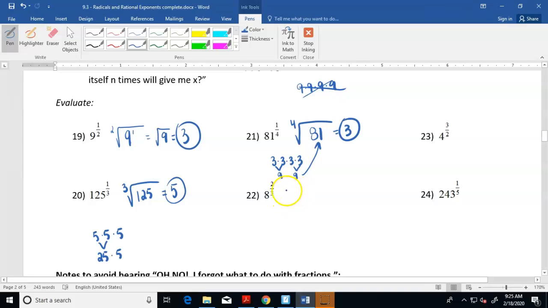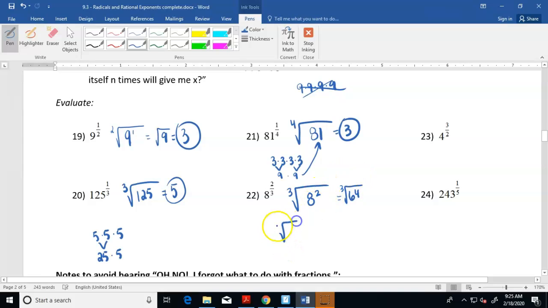But let's do it. All right, so it's going to be the cube root of 8 squared. Now, let me show you something, Julie, because you were correct about the cube root of 8 being 2, right? So you could change this to the cube root of 64 and figure out what it was, or you could write it like this.